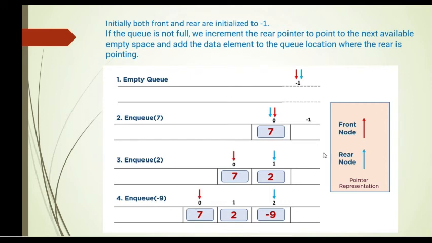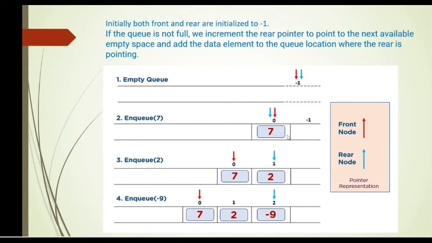Now, if we take a real life example, or you can say its implementation, if we take an empty queue, both front and rear are initialized to -1. Now, when element 7 is entered, the rear is incremented.